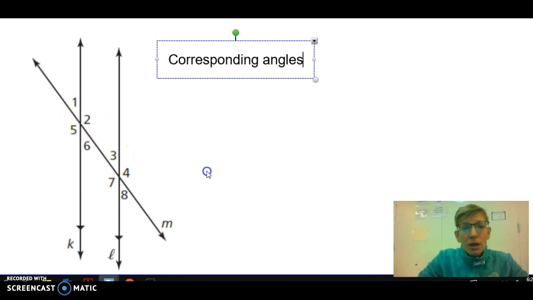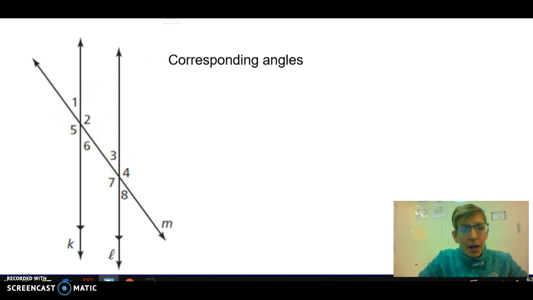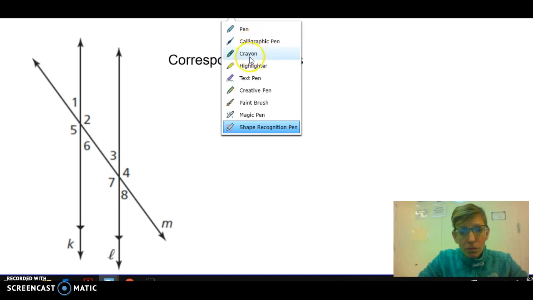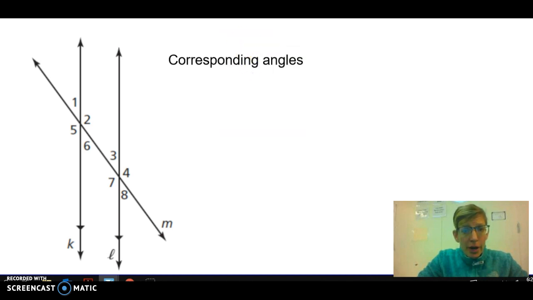So let's do an example here. I'm going to grab my highlighter. If I'm looking at this intersection, where the transversal M crosses the parallel line K, there are 4 positions, and those are represented by the angles 1, 2, 5, and 6.